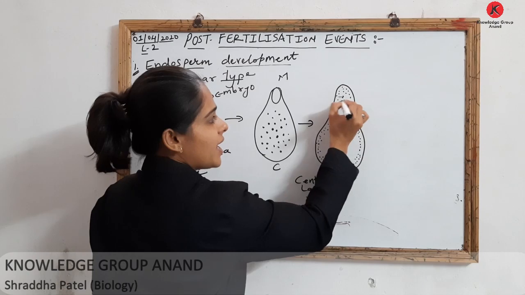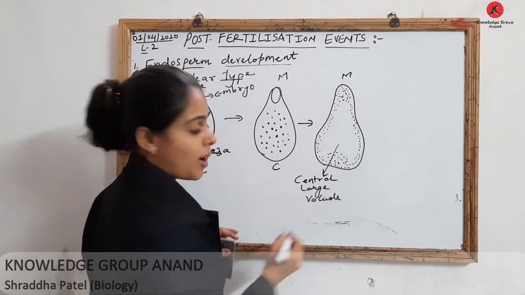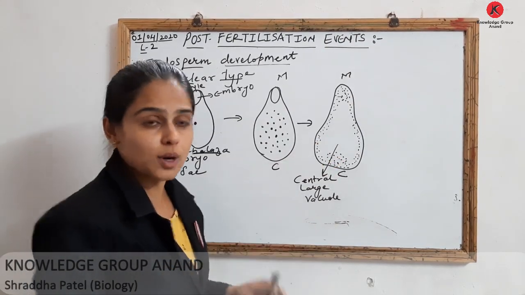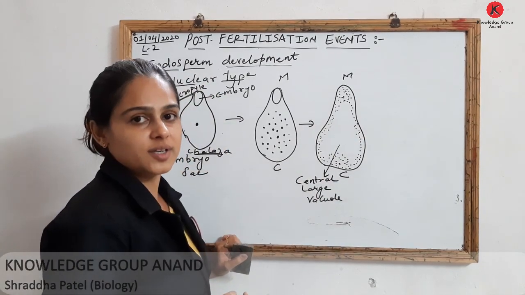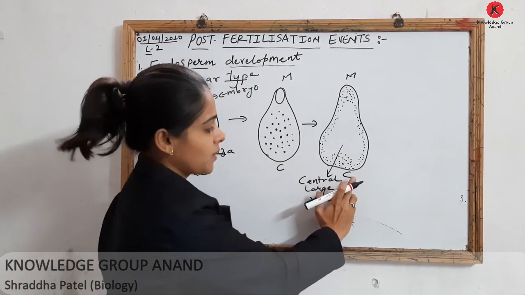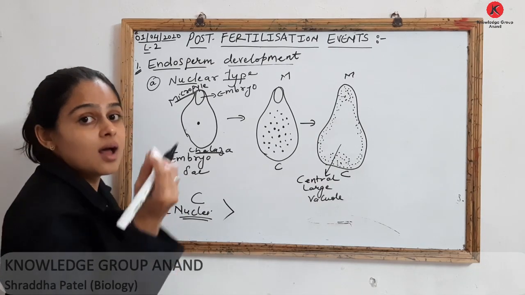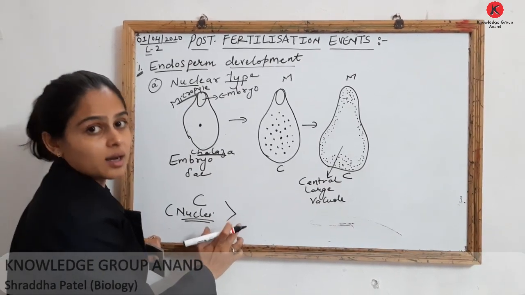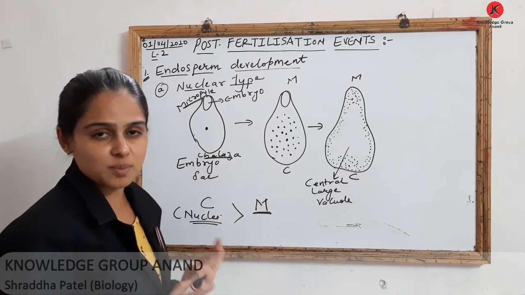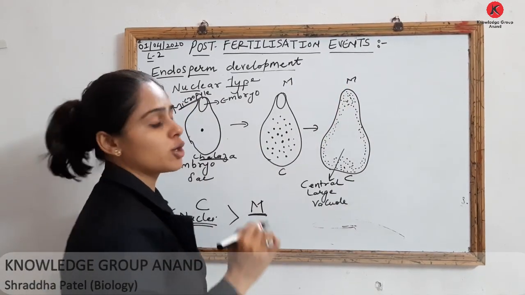Most of them are aggregated towards your micropylar region or your chalazal region, and generally the nuclei present at your chalazal region are larger than the nuclei present at your micropylar region. Simple as that. The nuclei here are larger in comparison to those present in your micropylar region.